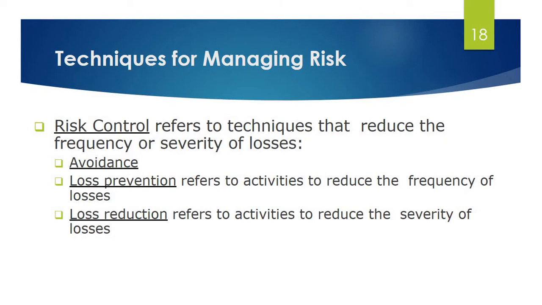And loss reduction refers to the activities to reduce the severity of losses. Say for example, if you use fire doors, you cannot avoid fire, but it can still reduce the destruction or the damage caused by fire in your building or in your factory.